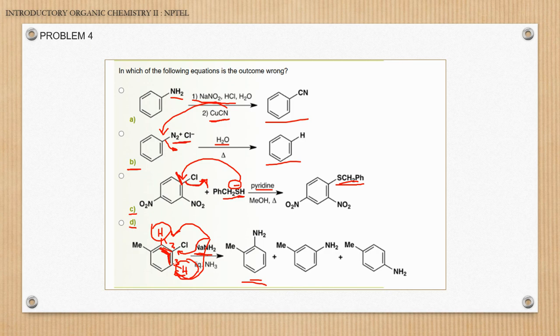All three possible positions can be attacked by the sodamide because benzyne can be generated at 1, 2, and 2, 3 positions because of the presence of hydrogens at those positions. So that is why they are not giving you a major product or minor product, but they are just telling you that yes, these three can be the possible outcomes, right? So now just understand that, and now tell me, is it right or wrong?